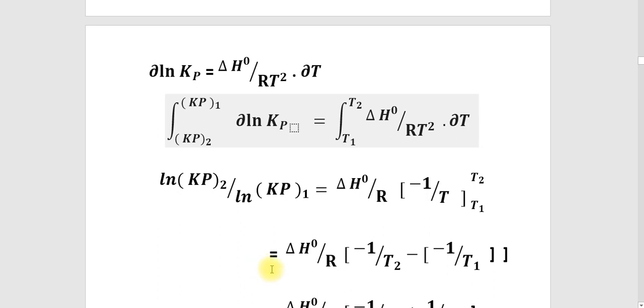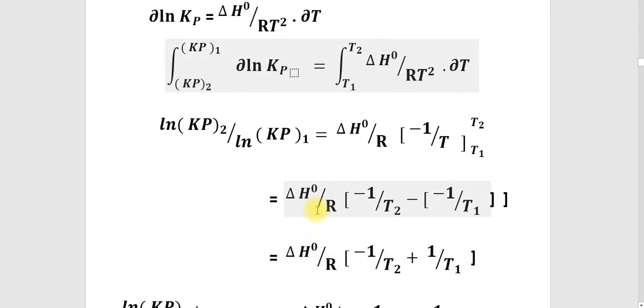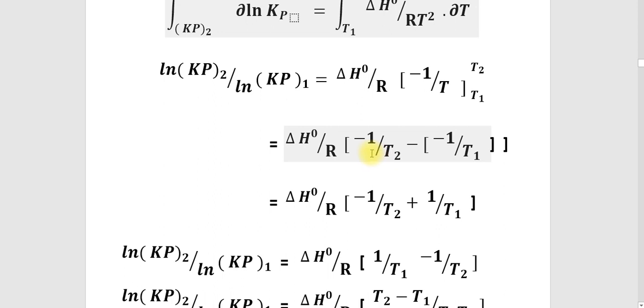Then which is equal to ΔH0 by R into minus 1 by T2, applying the limit, minus of minus 1 by T1.